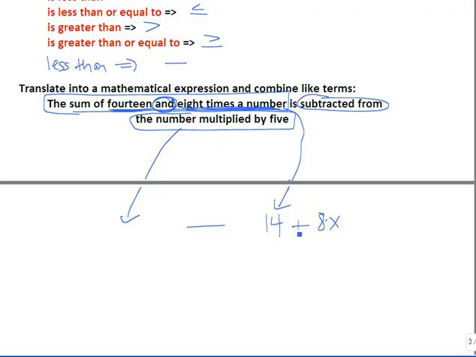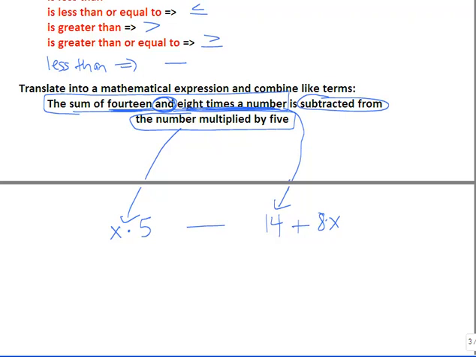So this is the sum of 14 and 8 times x, or 8 times a number. Okay? The second phrase that we have coming after our "subtracted from" is the number multiplied by 5. Well, our number is x, multiply means multiply, and 5 means 5. So the number multiplied by 5 means x times 5.